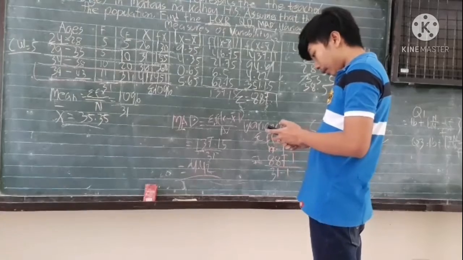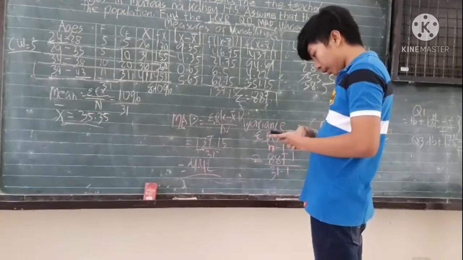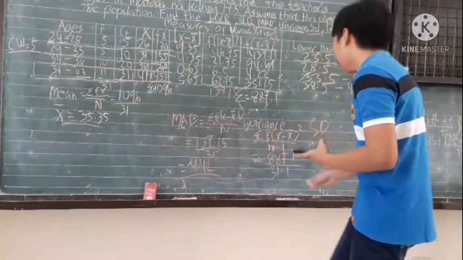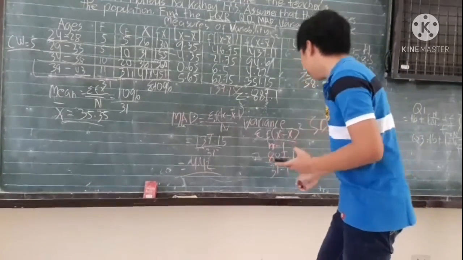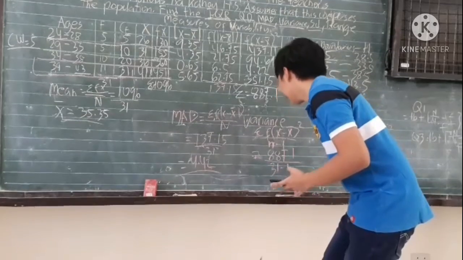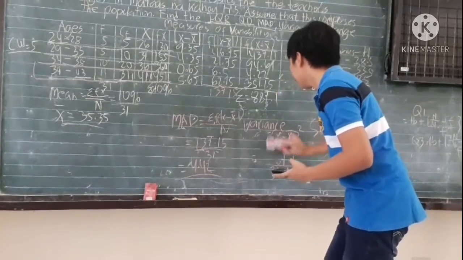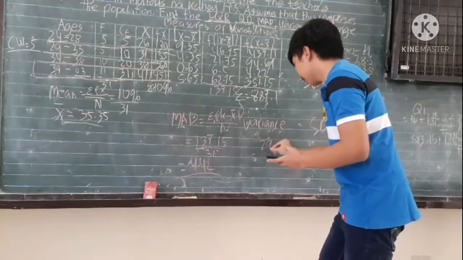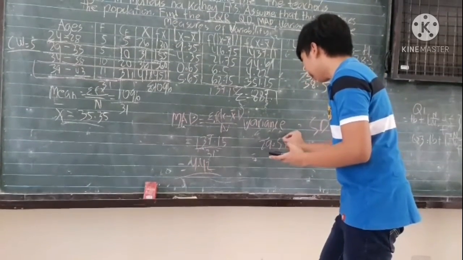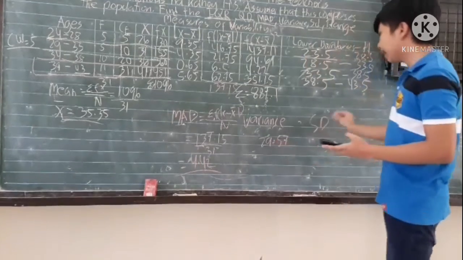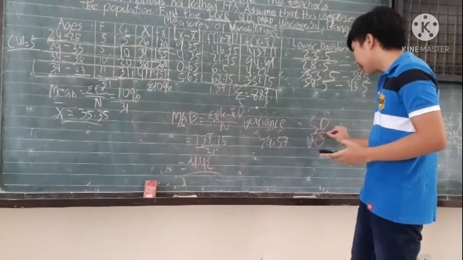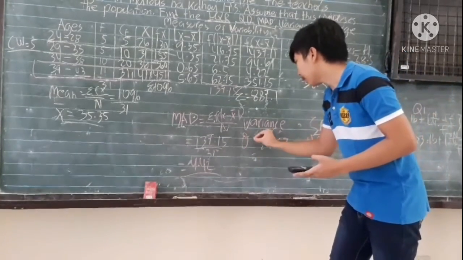So 887.1 divided by 30. So our sample variance is 29.57. And our standard deviation is simply the square root of our variance. This is our variance.